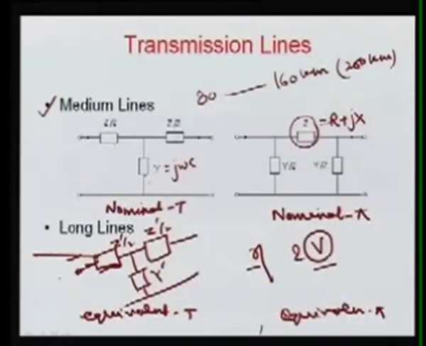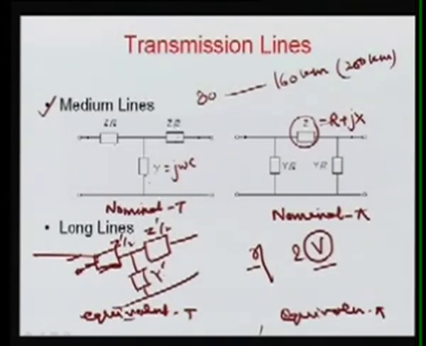Here we normally go for an exact formulation of the transmission line in terms of distributed parameters. Then we can go for the analysis, and calculate these Z primes and Y primes in this representation. So it is called equivalent. Here it is nominal because we have assumed that the distributed parameters are considered as lumped parameters.